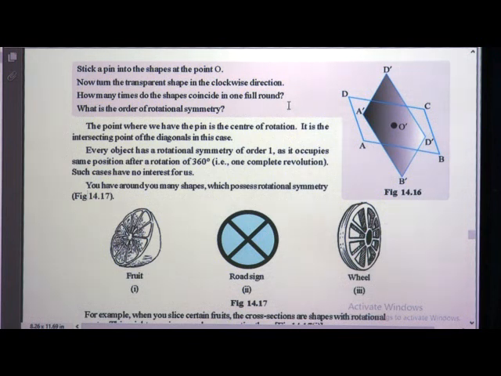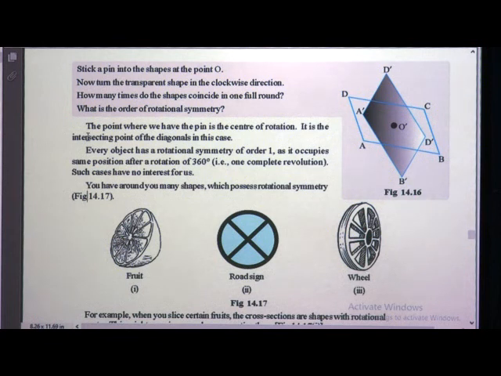What is the order of rotational symmetry? Here is a practical activity you can do on paper, so you will understand the number of rotations as well as the order of rotation.